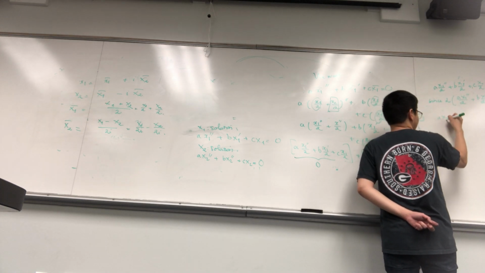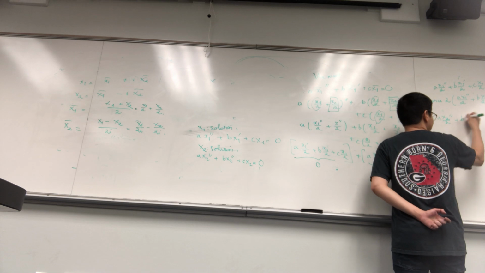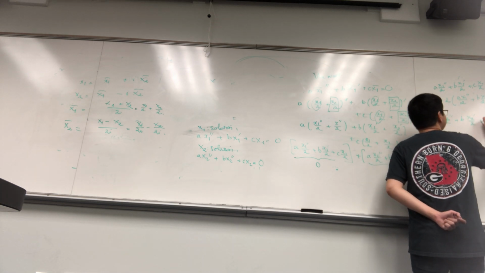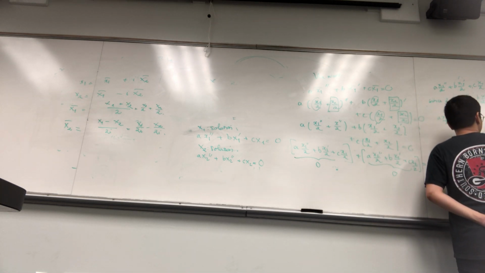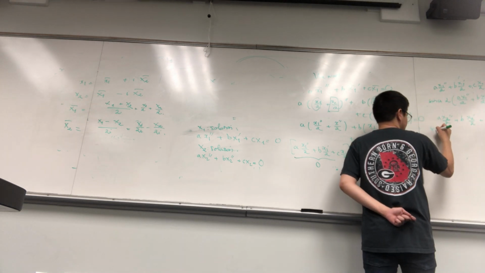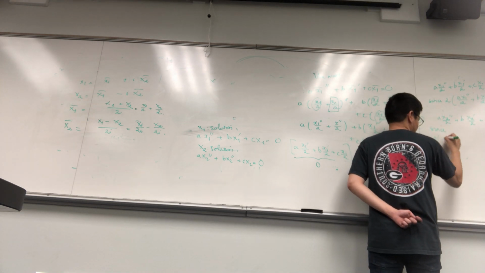And a x2 second over 2 plus b x2 prime over 2 plus c x2 over 2 is 0, since 2 times that is 0.